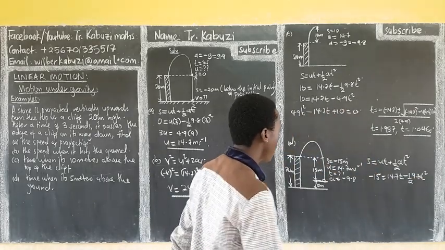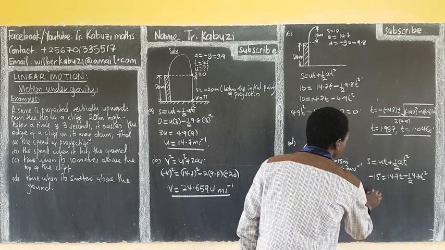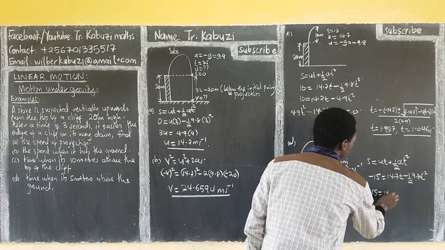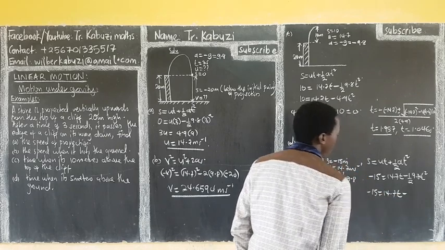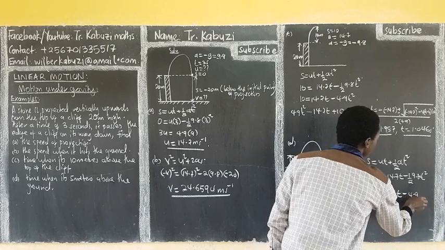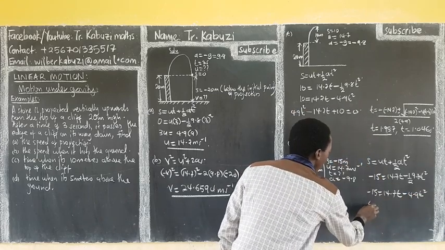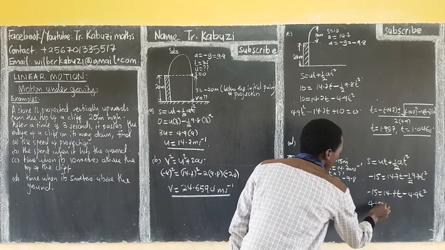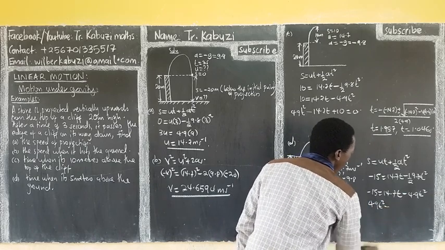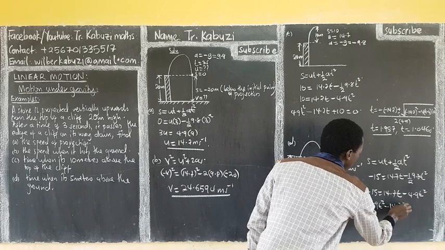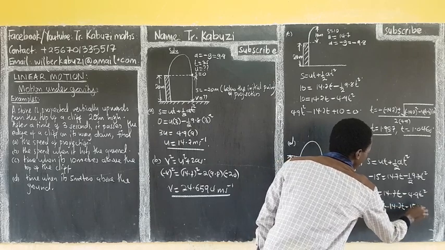So this would be negative 15 equaling 14.7 t, then minus 4.9 t squared. Taking everything to this side, we have 4.9 t squared minus 14.7 t, then minus 15 equaling 0.